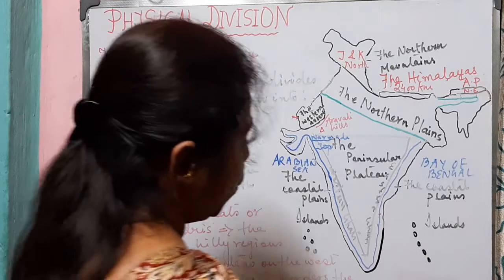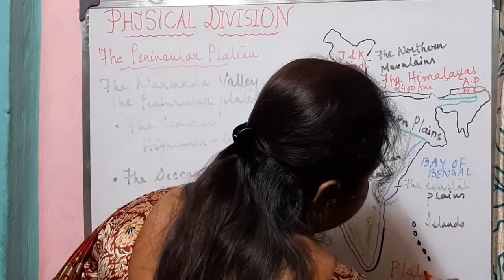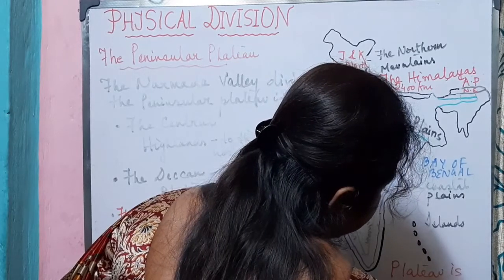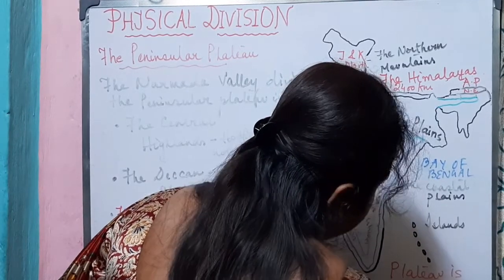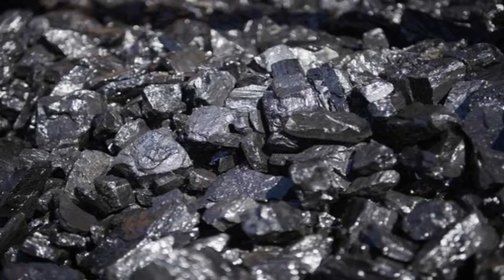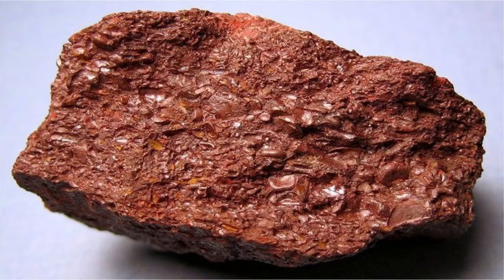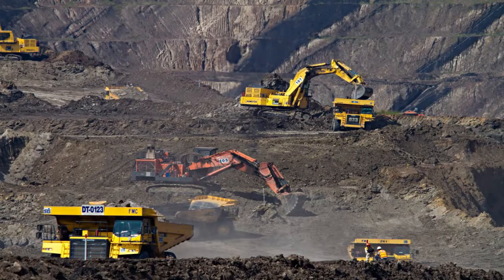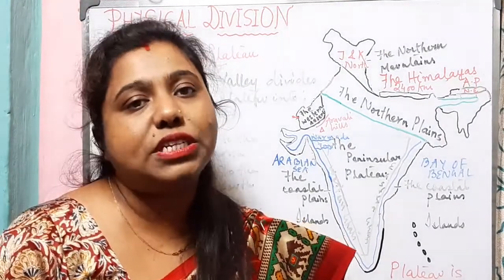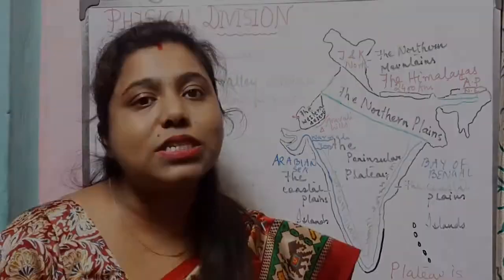Now the plateau is rich in minerals like coal, iron ore, and mining is an important activity performed by the people living in the Peninsular Plateau. Now let us move ahead with the next physiographic division, that is the coastal plains.